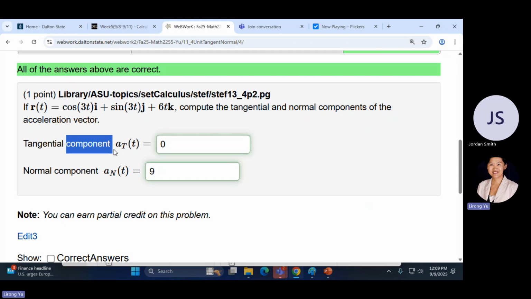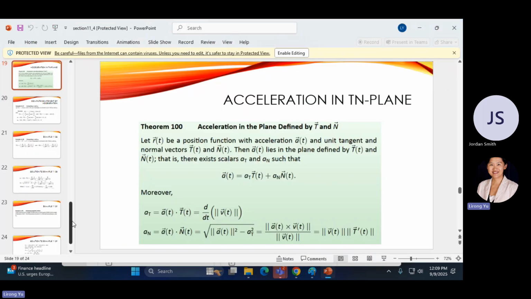There is 0 component going into changing the speed. There's no change to the speed. Therefore, AT will always be 0 for any spiral motion. And then the AN would just be the absolute value of the acceleration. So that is our understanding for a spiral motion. See if I omitted any.